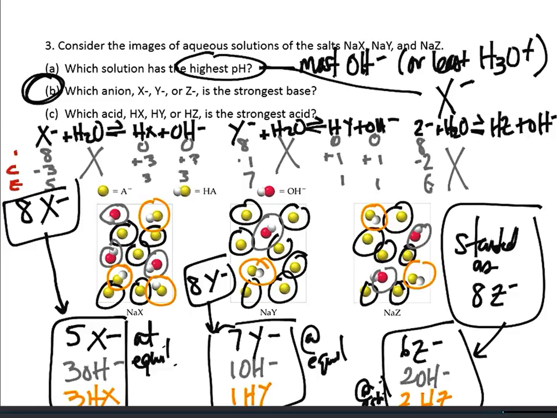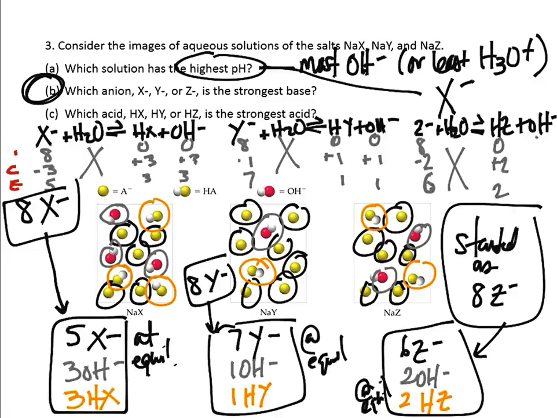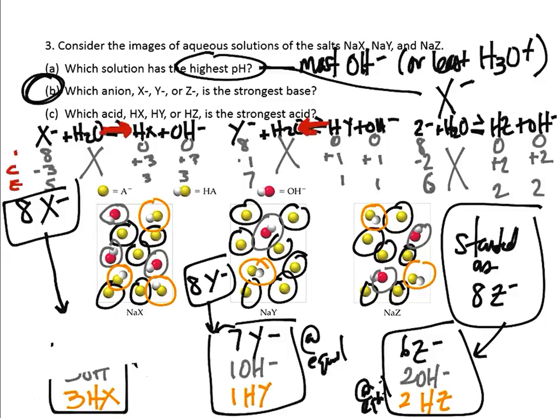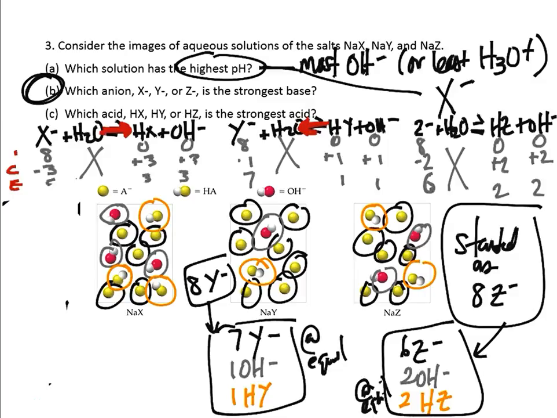Originally 8, we subtract 2, we get 6. And then initially 0, we add 2, we get 2. So X- equilibrium lies furthest to the right. If you look at that one, I'm drawing a red arrow. That one lies furthest to the right. It dissociates the most. Y- lies furthest to the left of these 3. So Y- is the weakest base, X- is the strongest base.